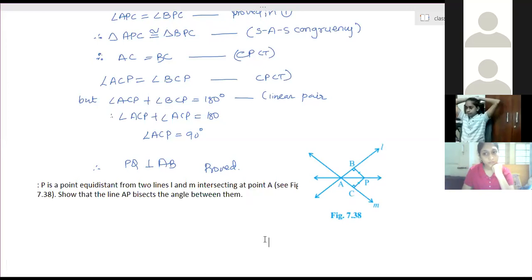Yes, Daphne. It's given that P is a point equidistant from two lines L and M. So equidistance means a point's distance from two lines can be calculated as a perpendicular distance.